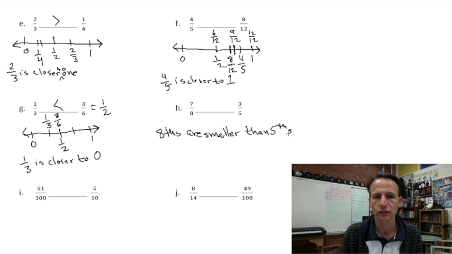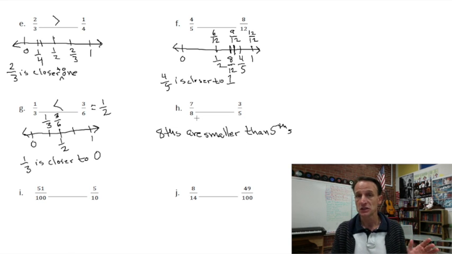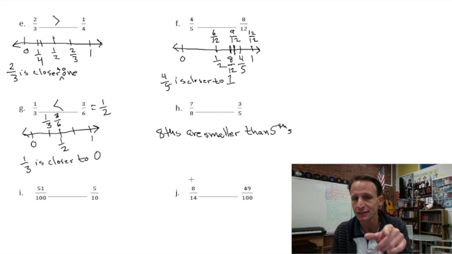So if you have 7 of the 8 pieces of cake, you darn well almost have that whole cake, don't you? Whereas if you have 3 of the 5 pieces, yes, they're bigger, but you're missing 2 of those bigger pieces. Whereas with 7/8, you're only missing 1 smaller piece.